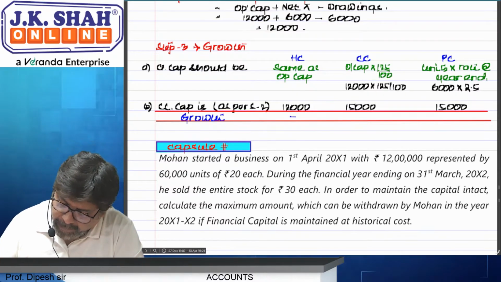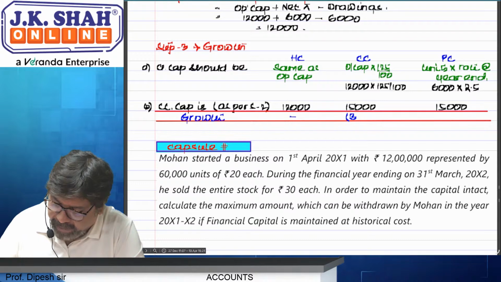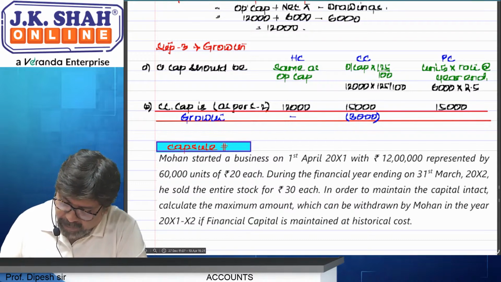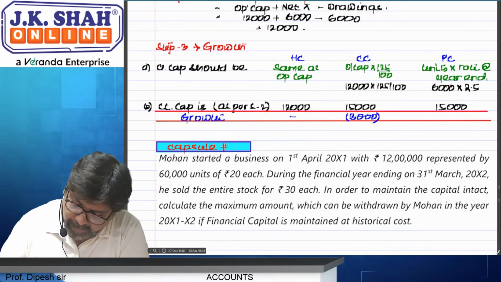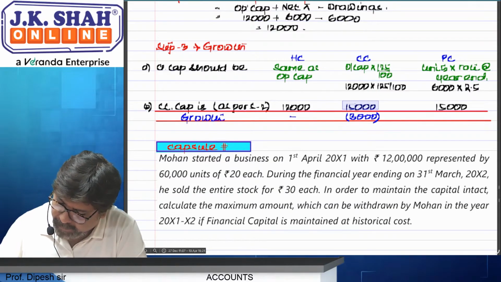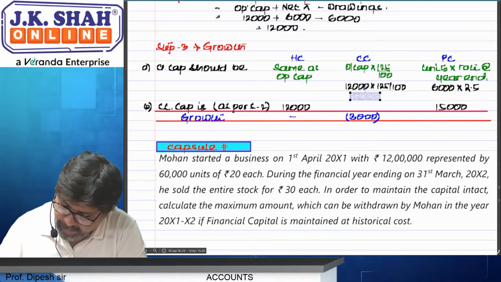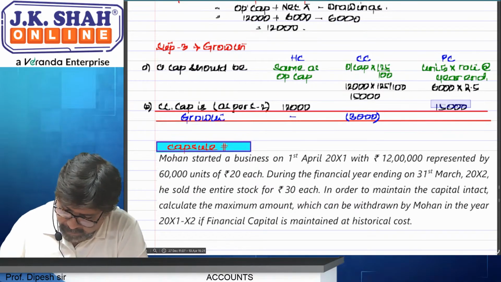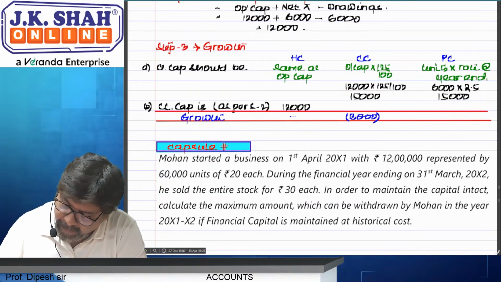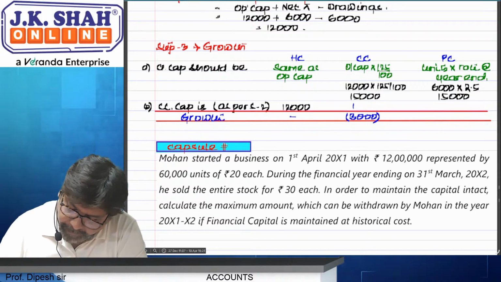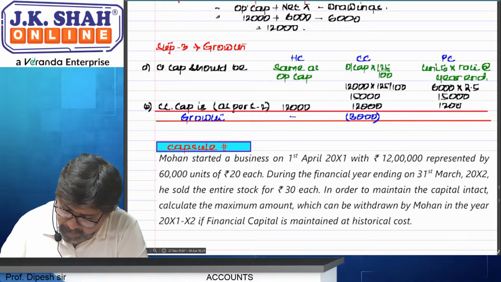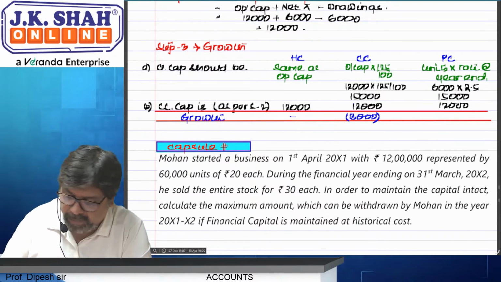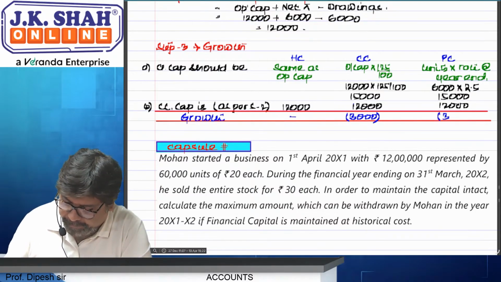Over the year from 12,000 to 15,000, growth is -3. Correct? Right. Closing capital is 12 and 12, but should be how much? 15. So growth is -3,000.